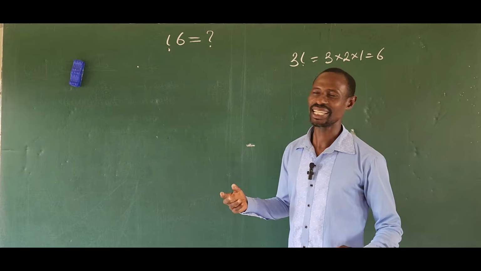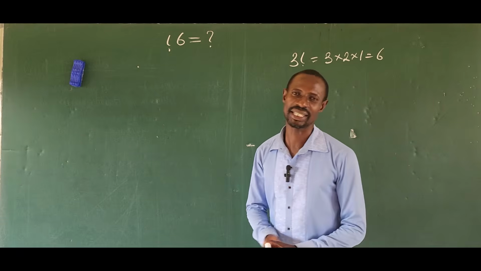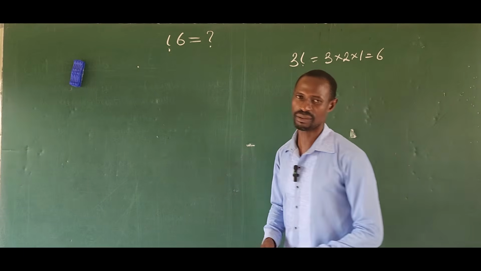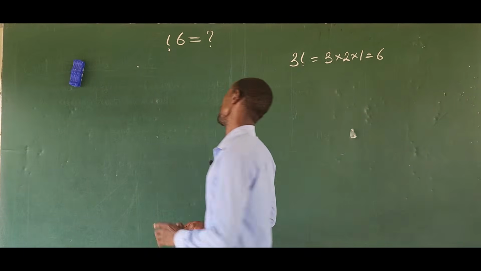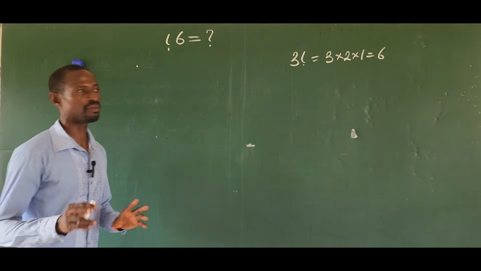So when we say the subfactorial of 6, what is the value? How do we find the value of the subfactorial of 6? Here we have the expression for our subfactorial.